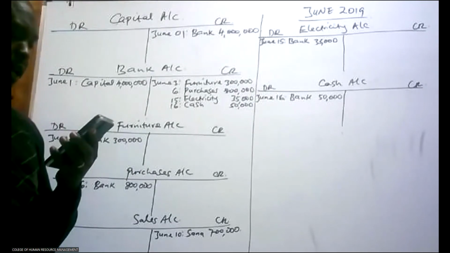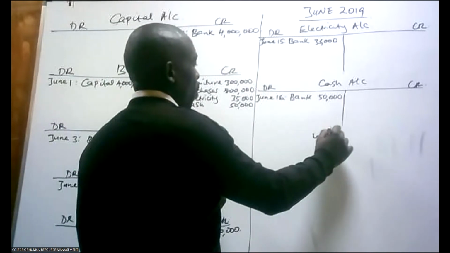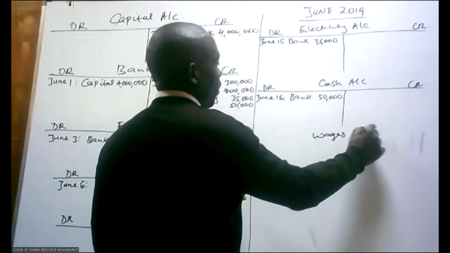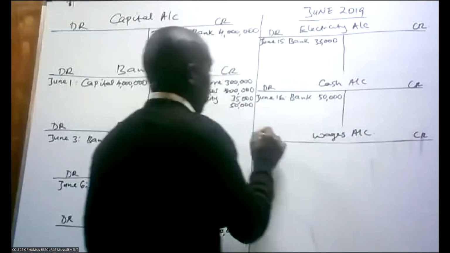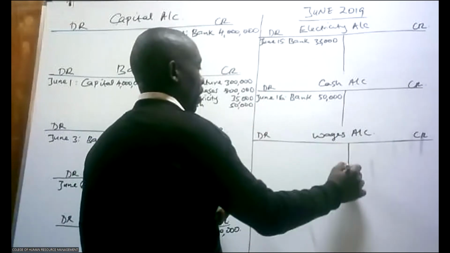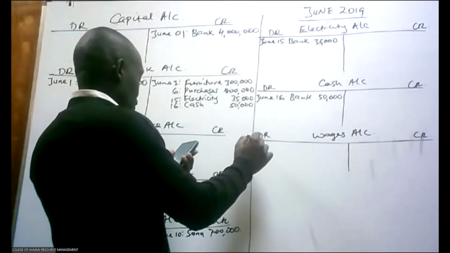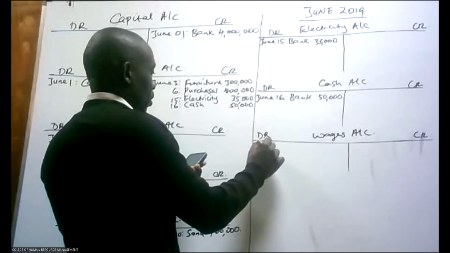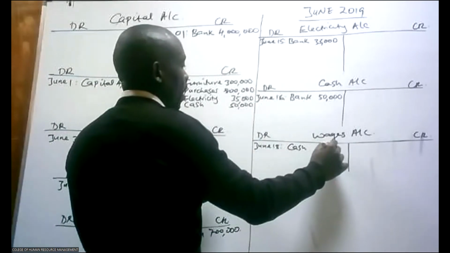On 18th, paid 5,600 cash for wages. Wages is another expense, so open the wages account. As I've said, anytime we pay the wages or the expenses, you debit that expense. So you come here and you say, June 18th, we paid by cash 5,600.